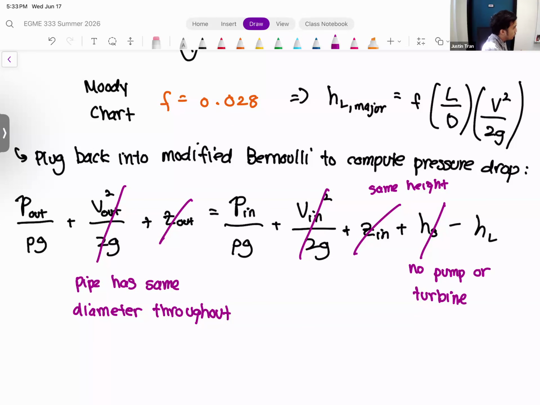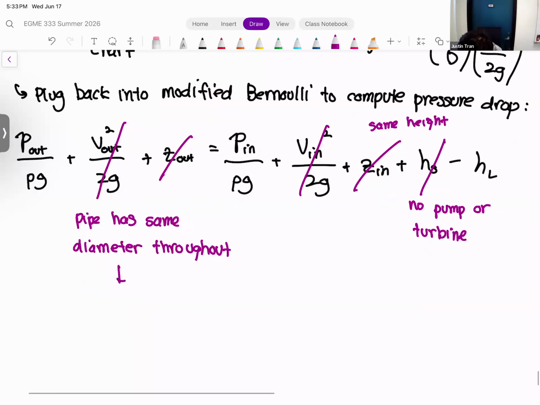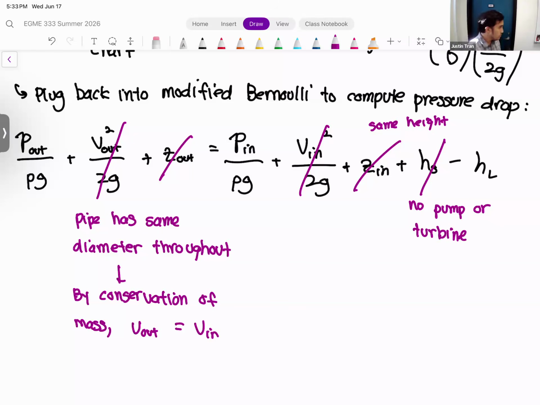Otherwise fluid would accumulate within the pipe or deplete.